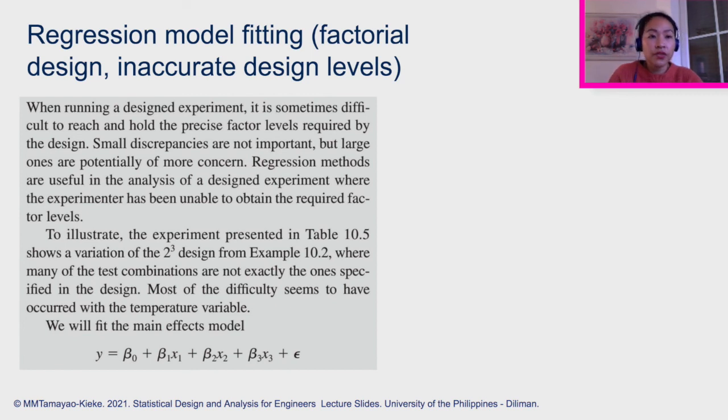To illustrate its usefulness, let's modify a little bit our previous example to show one where the design levels are inaccurate, meaning the experimenter was not able to uphold the actual required factor levels.